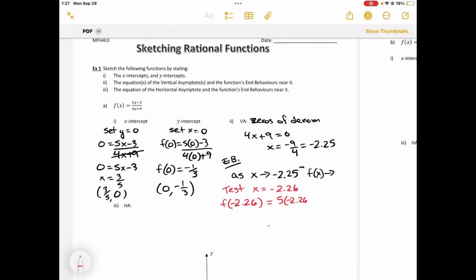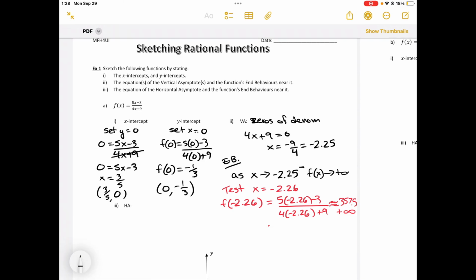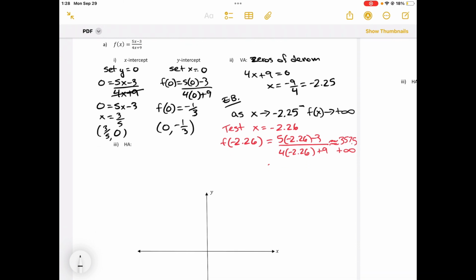So I've got 5 times minus 2.26 minus 3 over 4 times minus 2.26 plus 9, which is going to give me a value of approximately 357.5. I know that that is a positive number, so I can say that my function is going to positive infinity as I approach my asymptote from the left.